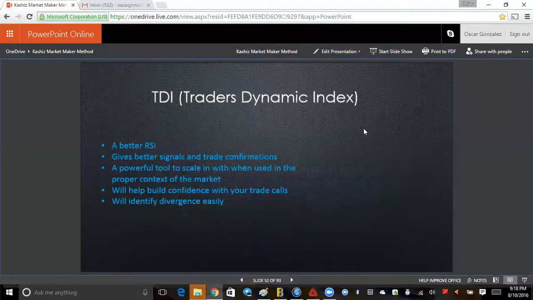All right, the TDI, Traders Dynamic Index, a better RSI. Yes, I can say it's a better RSI. It gives better signals and trade confirmations. A powerful tool to scale in with when used in the proper context of the market.